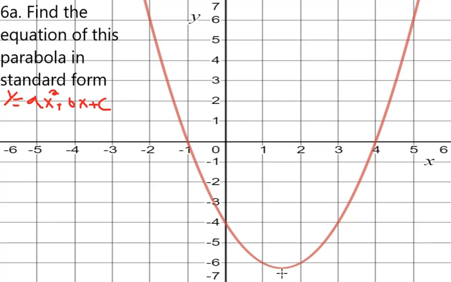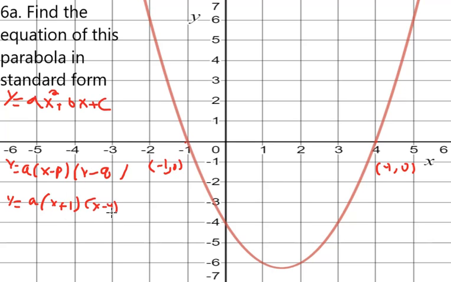This parabola does not have a vertex that's easy to see, but it does have two clearly identifiable roots, which are at the points (4, 0) and (-1, 0). This means when I use intercept form, y equals a times (x minus p) times (x minus q), I know that y will be a times (x minus -1), which will be (x plus 1), times (x minus 4).